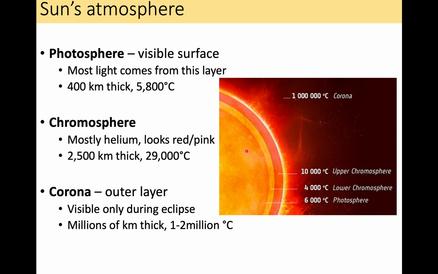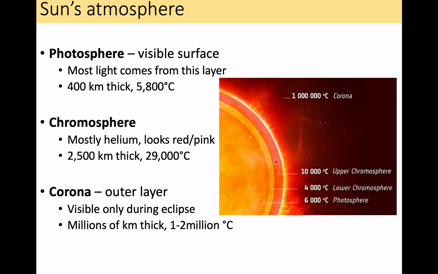If we then move up or outwards, up sort of into the sky off the surface of the sun, we would be in the chromosphere. So the chromosphere is mostly helium, and it looks reddish pink. It's this part. It's a lot thicker. It's 2,500 kilometers thick, and it is a lot hotter. It gets up to about 30,000 degrees Celsius.